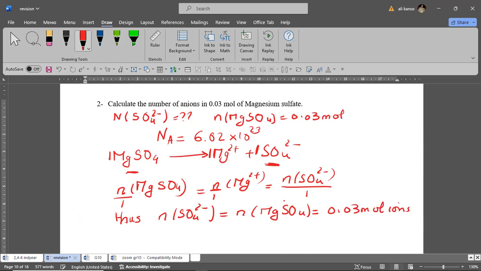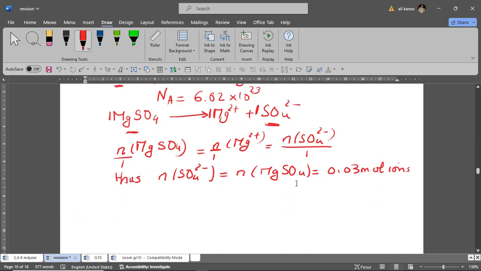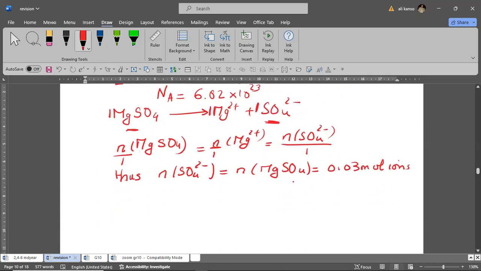But the question is not about the number of moles, it is about the number of anions. So we can apply the mole rule, n equals N over Na. If you are given the number of moles, you can find N equals n moles times Avogadro's number.